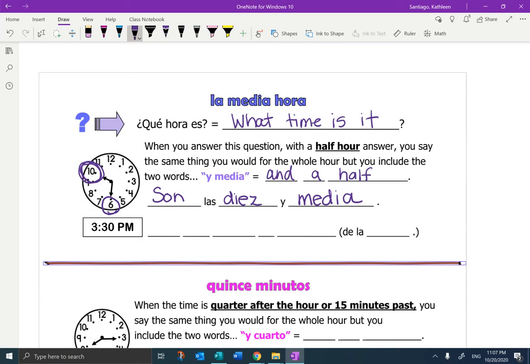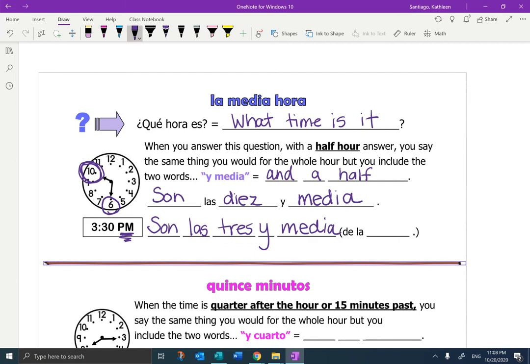Now let's do 3:30 p.m. So we've got to start by saying it is 3. To say it is 3, we're going to say son las 3. And then for the 30 minutes, we want to say and a half of an hour. Y media. Son las 3:30. Now, what does the PM mean? What time of day is that?